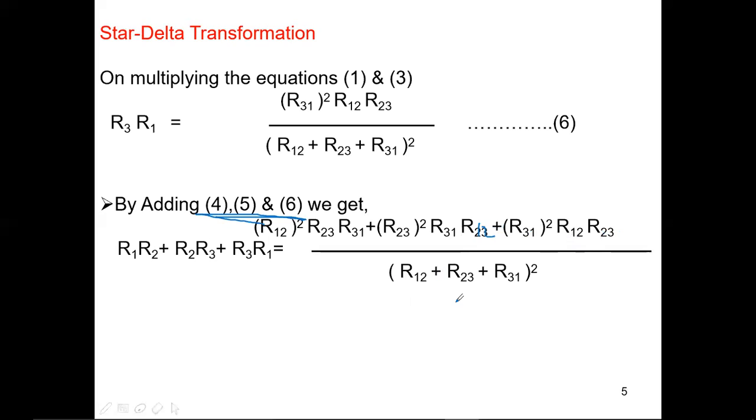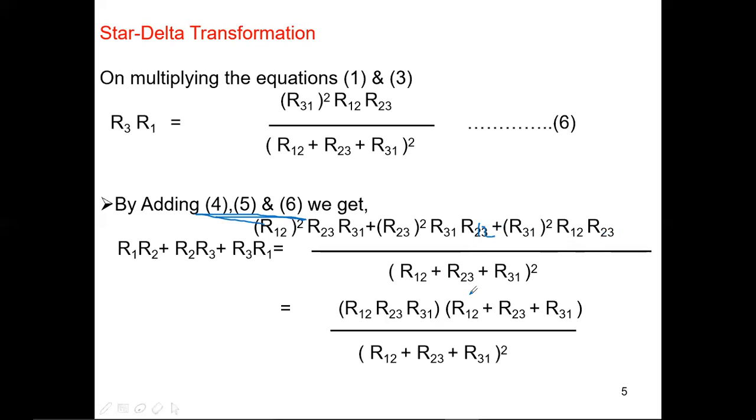Then you will get an equation like this. Here R12 is there, here R23 is there, R31 is there.